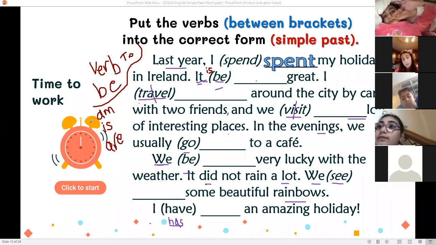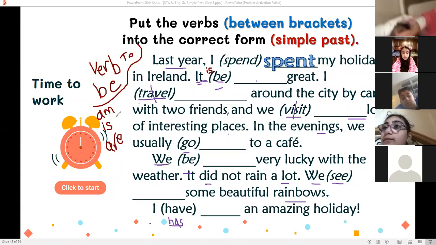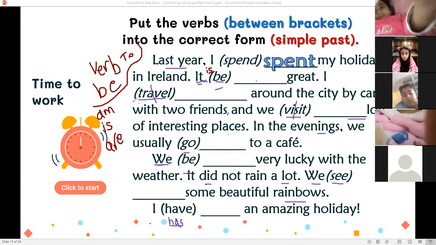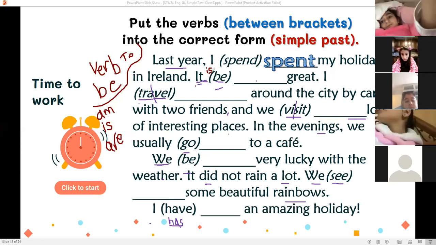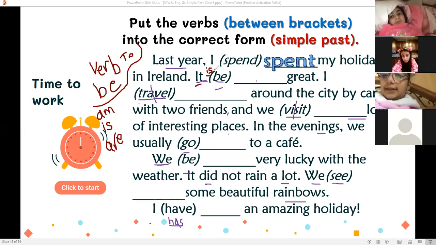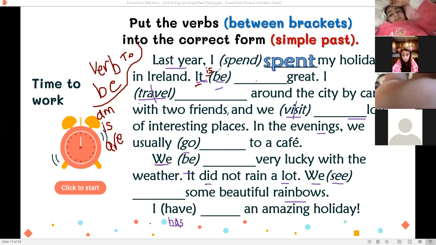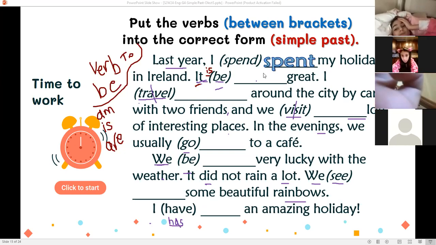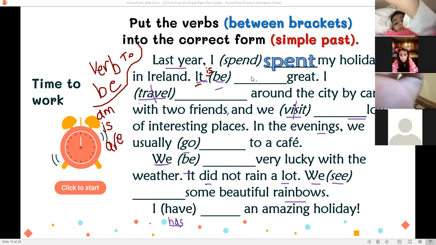So we call them verb to be in general. Am, is, and are. So this one, for example, it is. It should be is because it takes is. So what is the past of is? Yes, Zahra. Past of is.